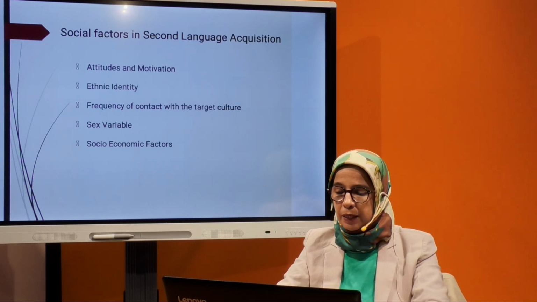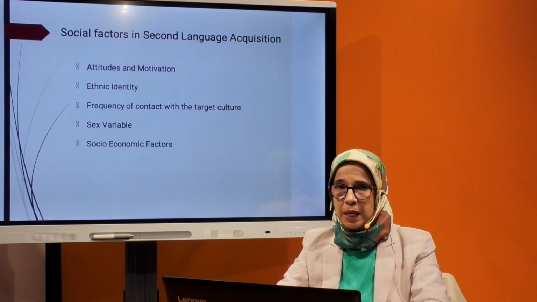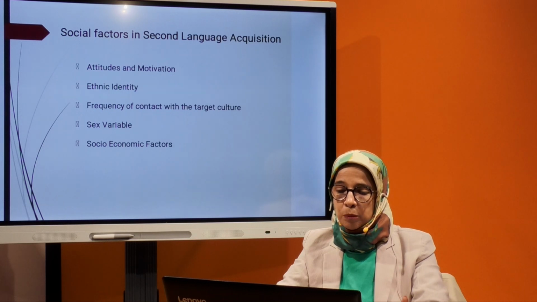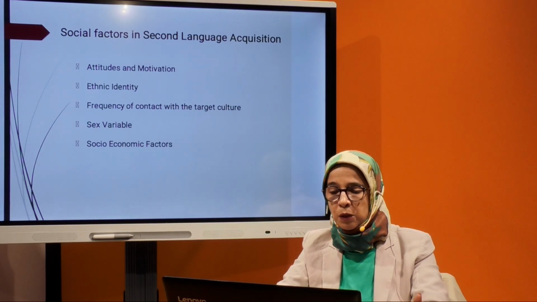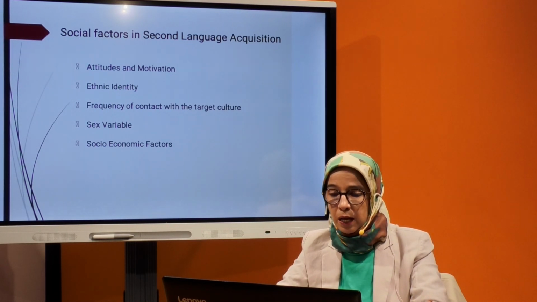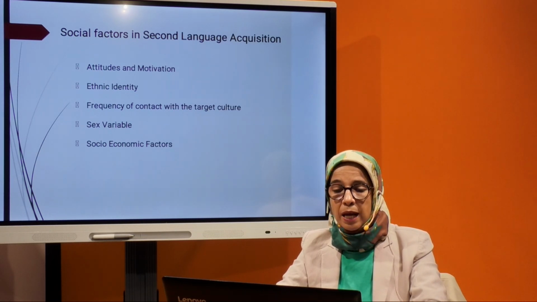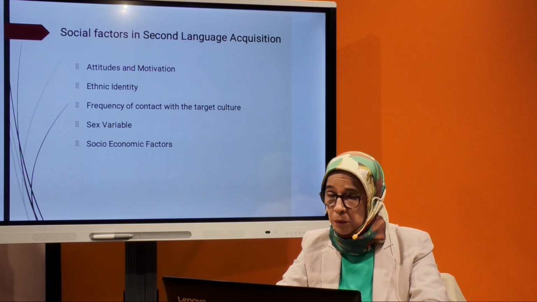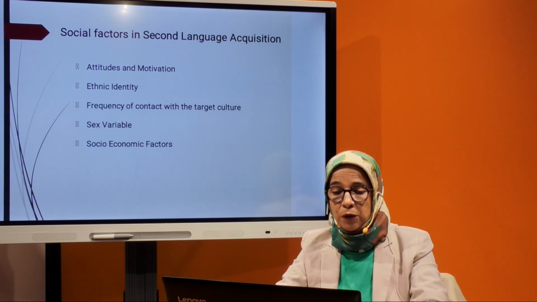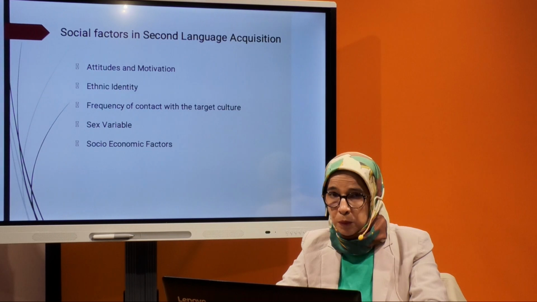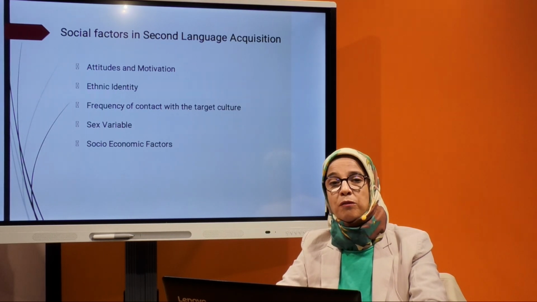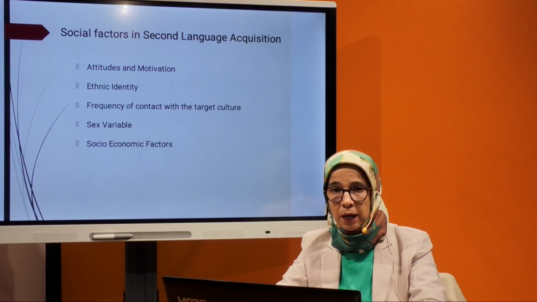So therefore, we can admit effectively that a previous experience in the target language culture or country and the frequency of contact contribute a lot to the development of higher achievements in a foreign language.